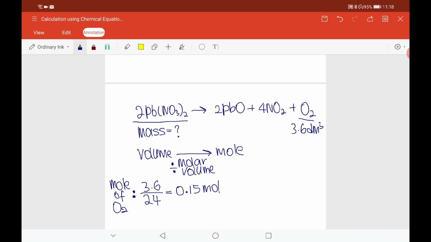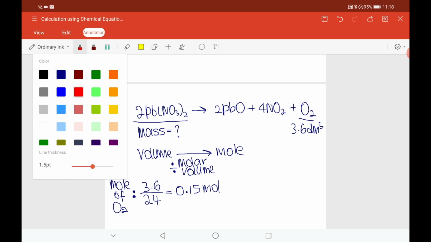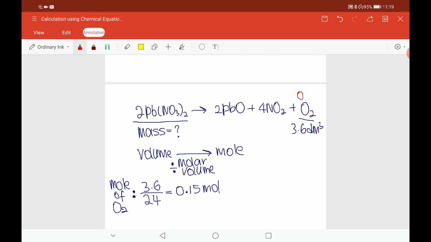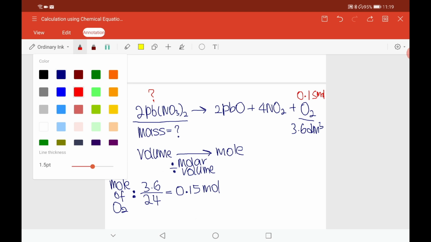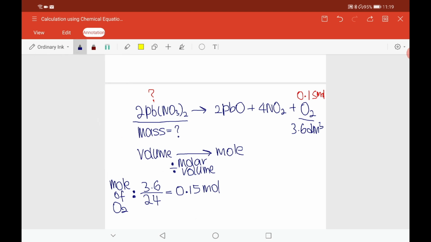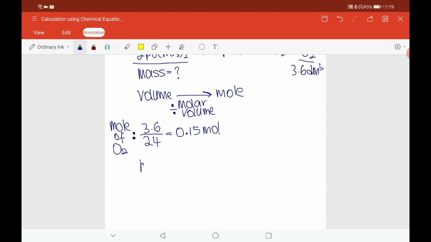Since we know the mole of oxygen, which is 0.15, now we need to find the mole of lead nitrate first. When we know the mole of one substance, we can find the mole of another substance by using ratio. You can write down like this, refer to the ratio.